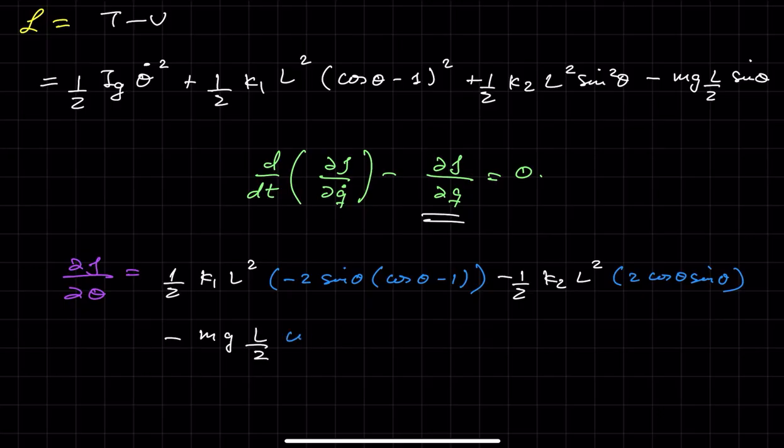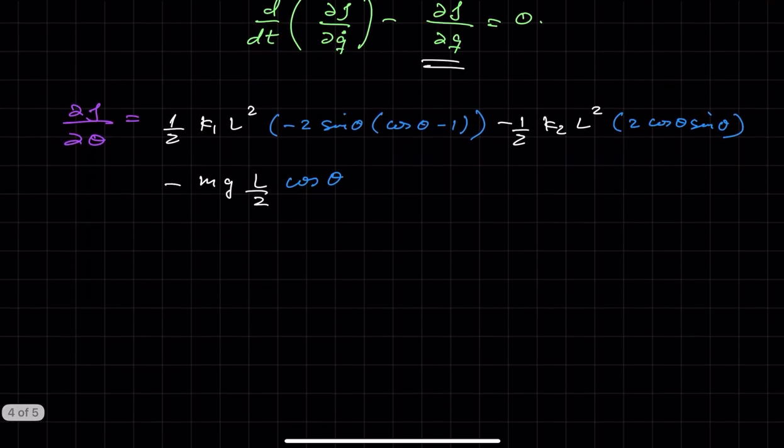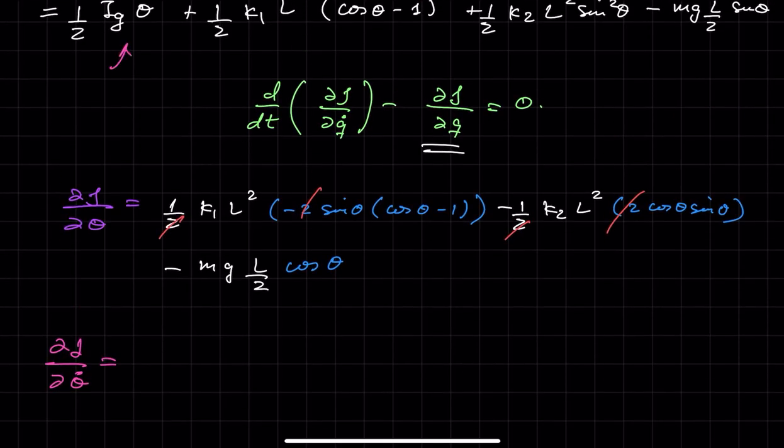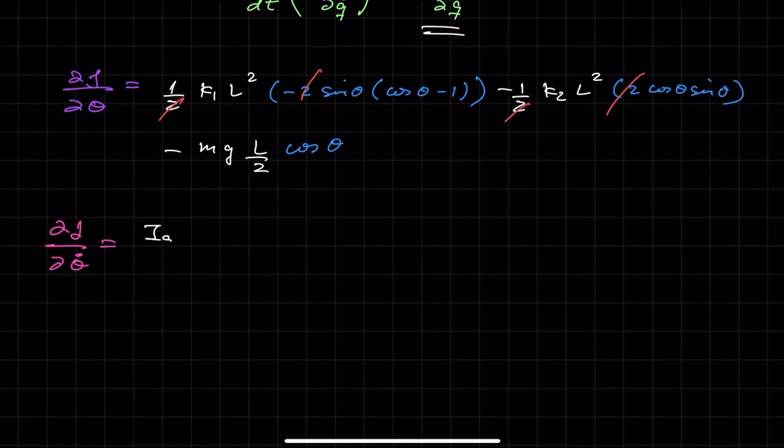This is very easy, right? So I have that, and I also have to express this, like what cancels, that cancels, and well, there is this expression, and another derivative is theta dot, and it just appears right here. So I get the inertia times theta dot.